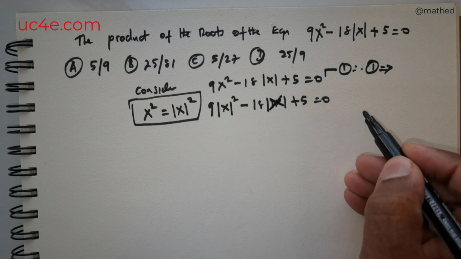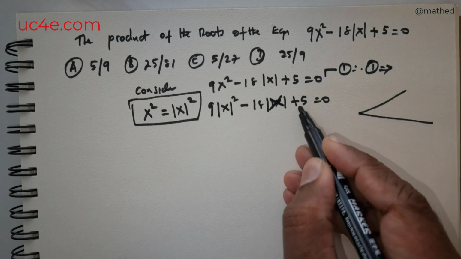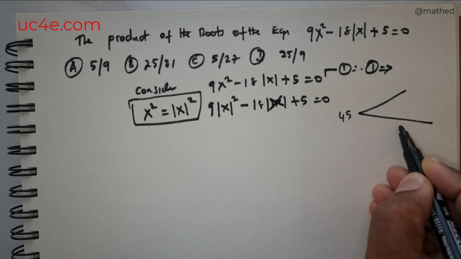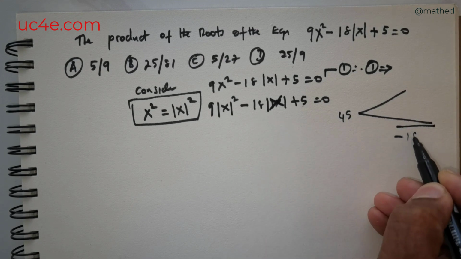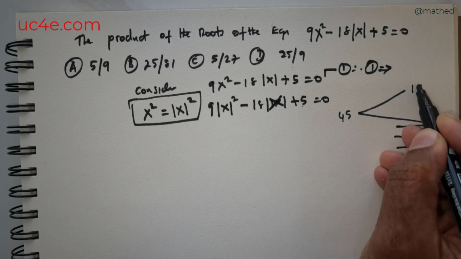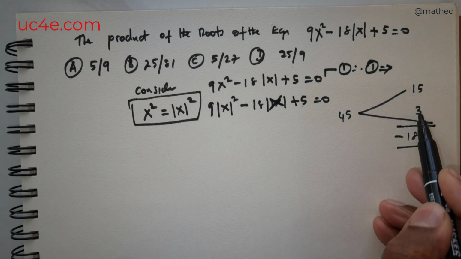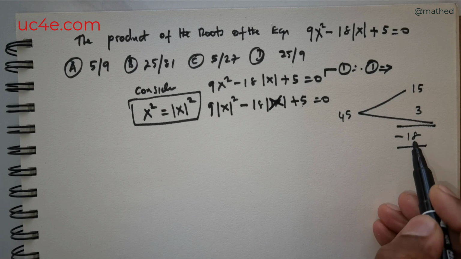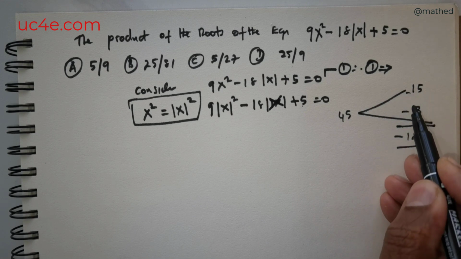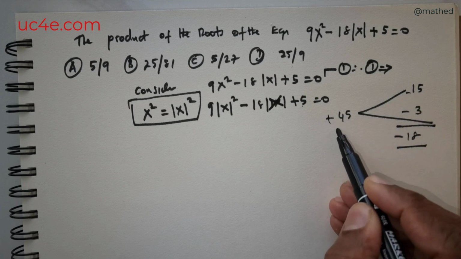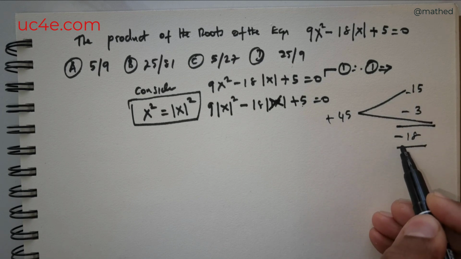We can solve this by factorization technique. So 5 times 9 is 45 and I need to get a negative 18 there. Now 15 times 3 will give me 45, and 15 added with 3 would give me positive 18, but I need a negative 18, so I place a negative sign. Negative into negative gives positive 45, and when I add I get negative 18.